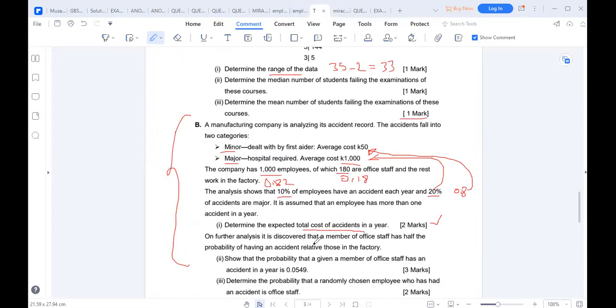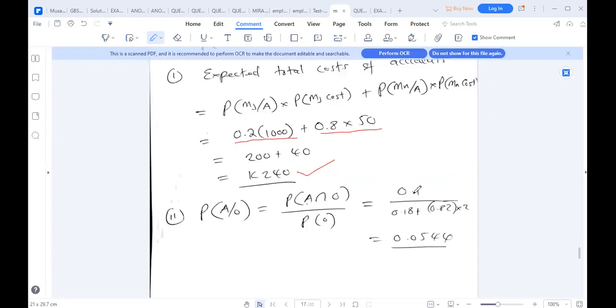Where you see given that, a member works in an office staff, show that the probability is equal to 0.054. So you simply divide the 10% over 0.18 times 0.82 times 2. So it will give you 0.0844. I don't want to waste so much time on this one.